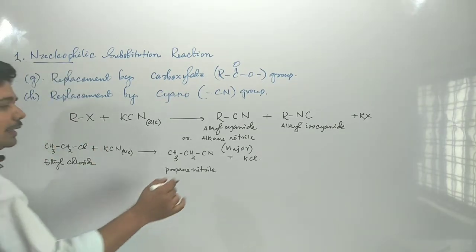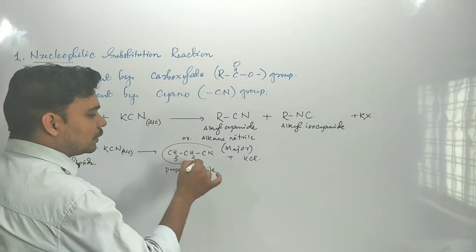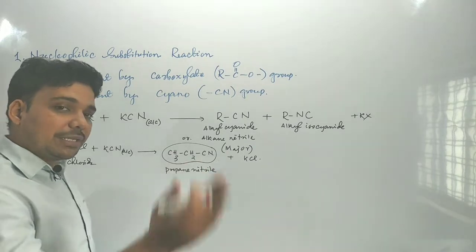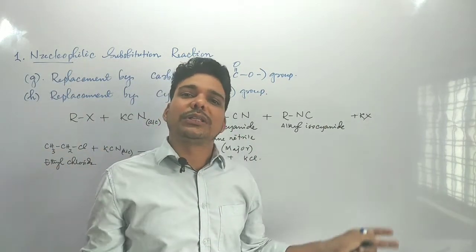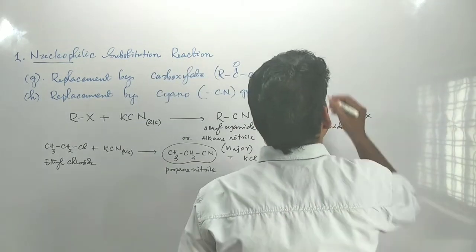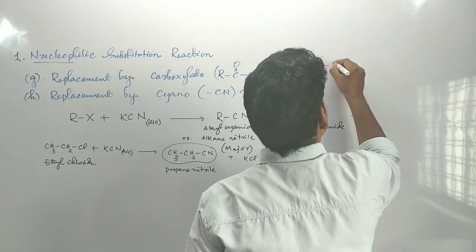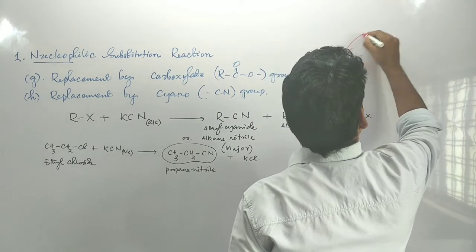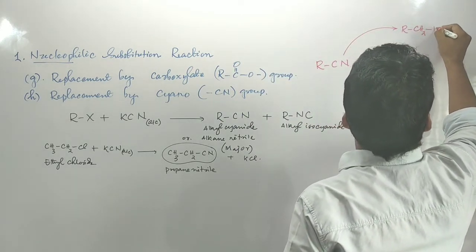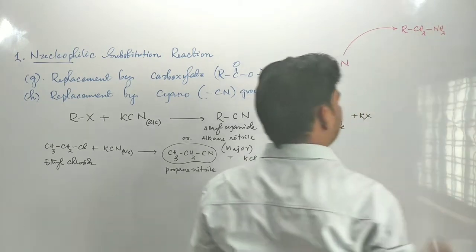Okay, and this alkyl cyanide or alkane nitrile can be converted into a variety of other organic compounds. For example, alkyl cyanide RCN can be reduced into primary amines containing the same number of carbon atoms.